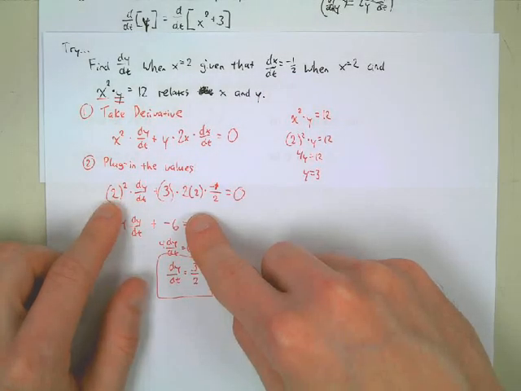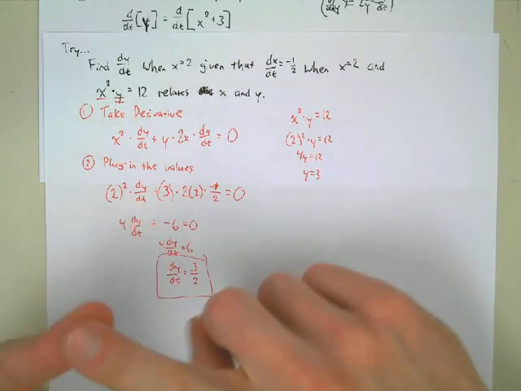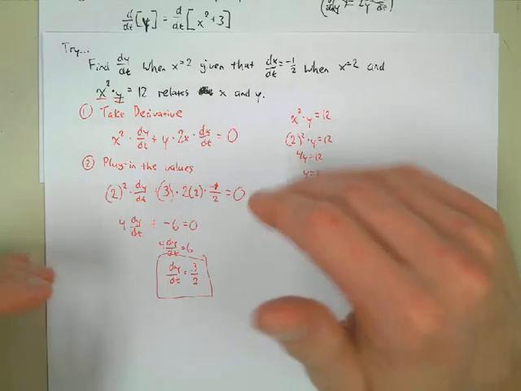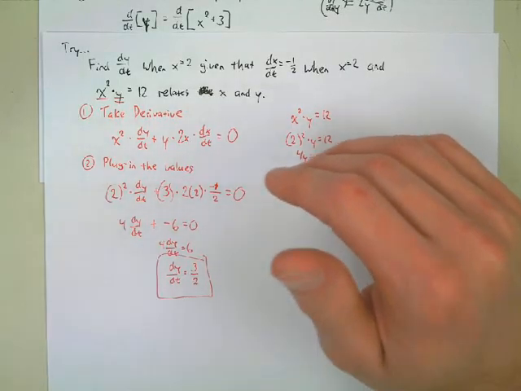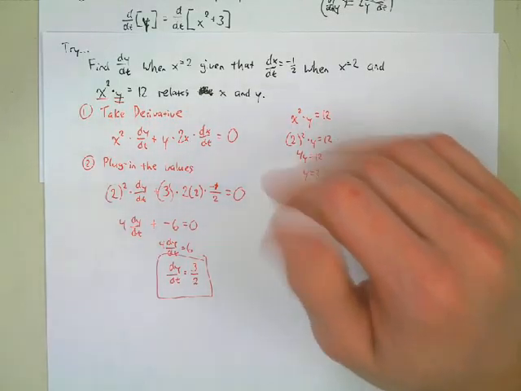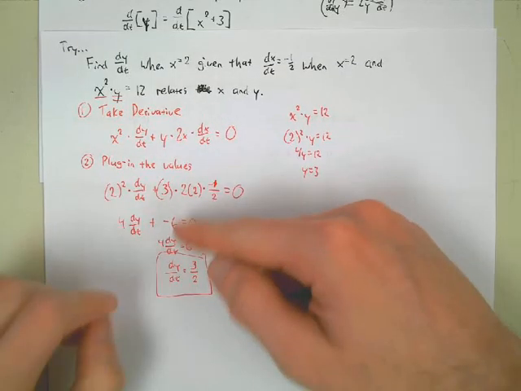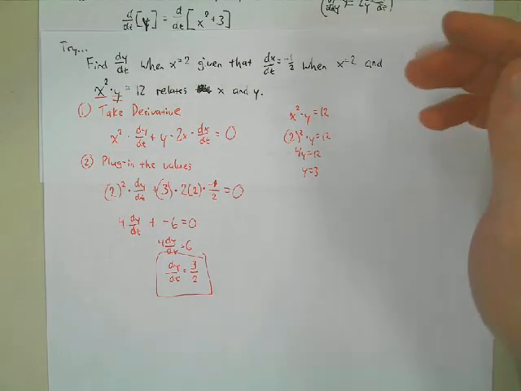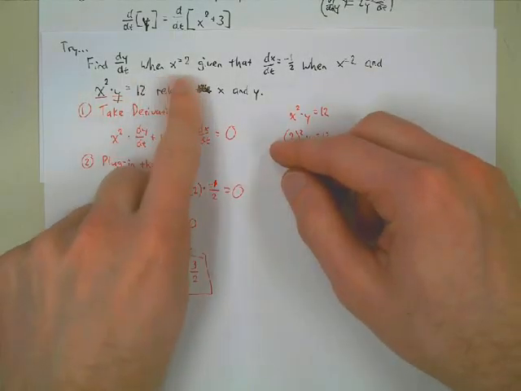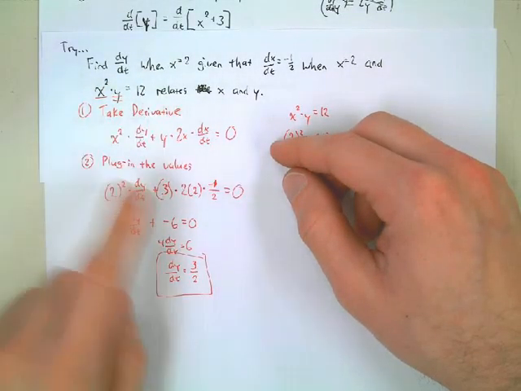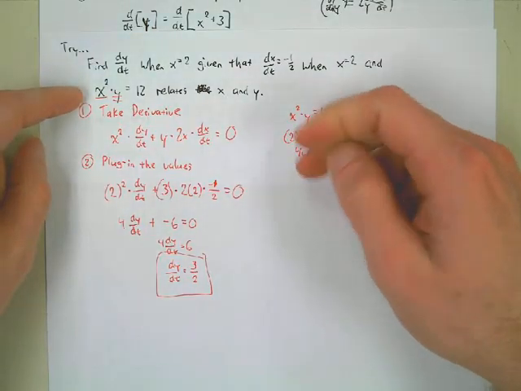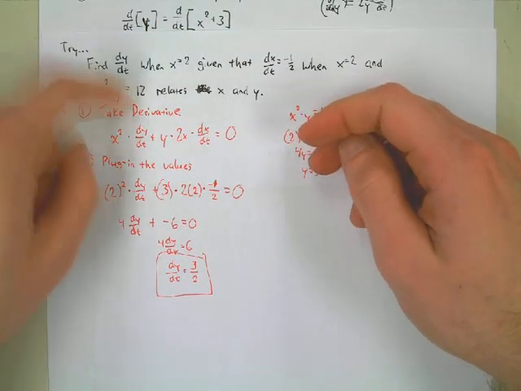Anytime I see an x, I'll plug in 2. Anytime I see a dx dt, I'm going to plug in negative 1/2, because at the instant when x is 2, my rate of change of x with respect to t is negative 1/2. But again, I need to figure out what y is. If I want to find dy dt when x is 2, I need to know what y is when x is 2, and so I just use this equation that relates the x and the y. When x is 2, then this will give me the y value there.